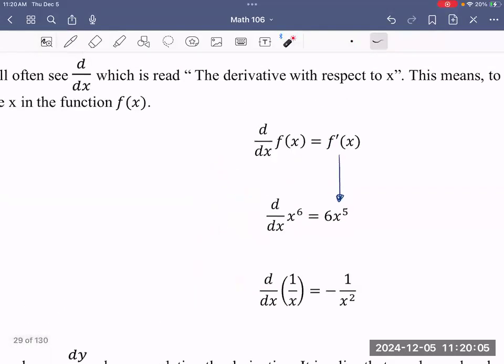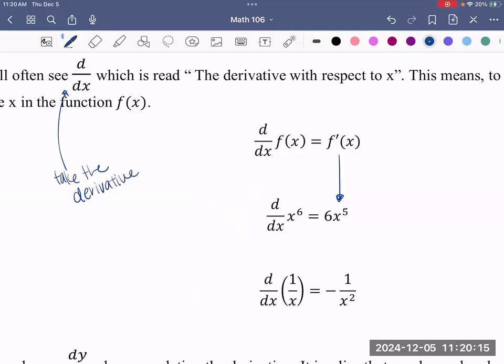So in this notation, it's just saying to take the derivative of the variable, specifically the variable in which it wants. If it was y, we want to take the variable y derivative. If it's the variable p, we're going to take the variable p derivative.